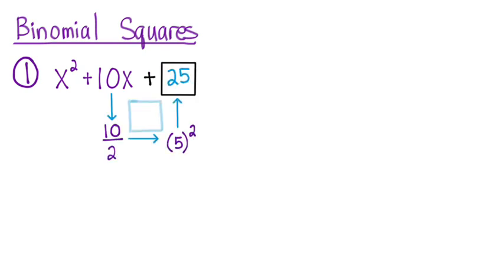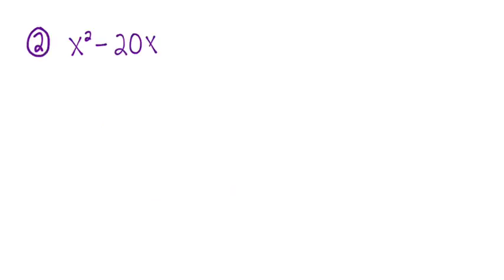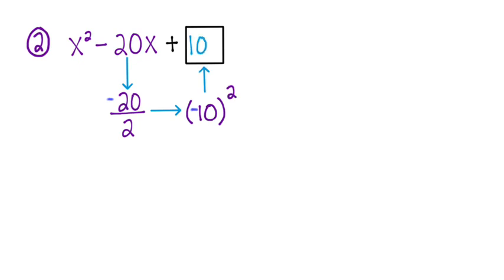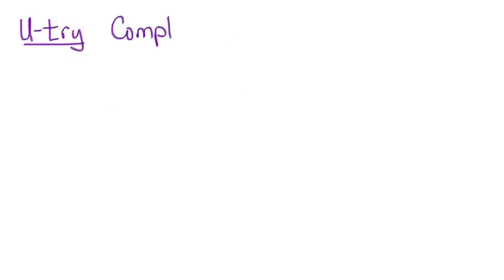Okay, so binomial squares, we know we like to write them as identical twins, right? We already talked about this would be x plus 5 squared, right? This one that we already did, we cut it in half, and then negative 10 squared is 100, so it's x minus 10 squared. Go ahead and try this.